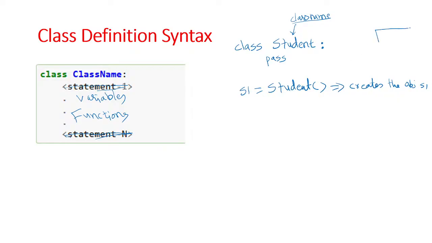That means memory is allocated for s1. Since there are no variables and no functions present, an empty object is created like this. Now if you print s1, it says that s1 is an object.